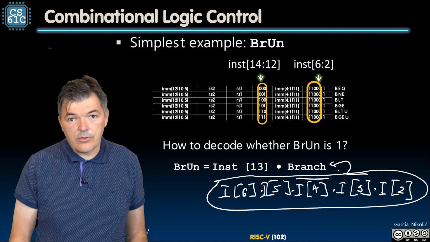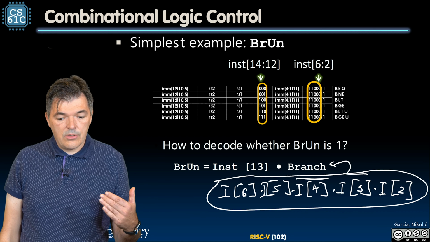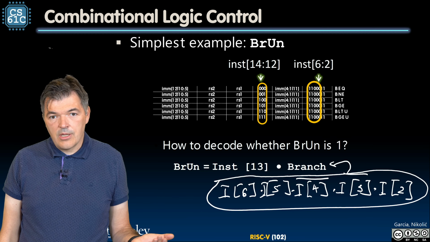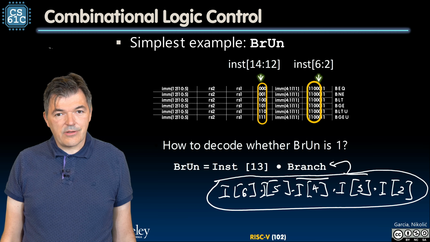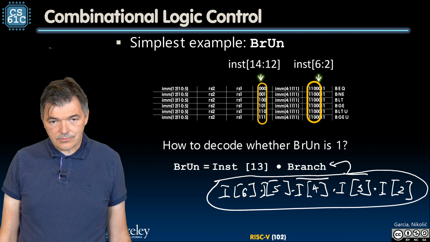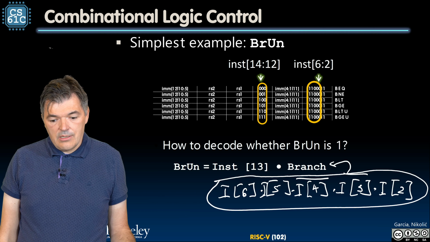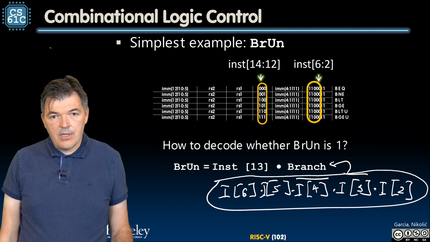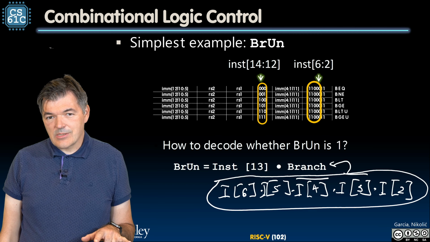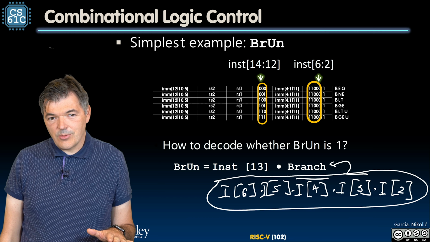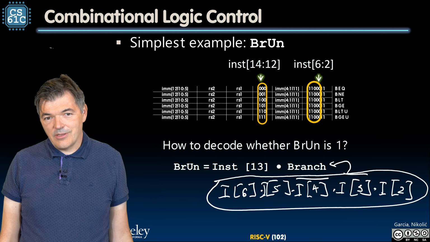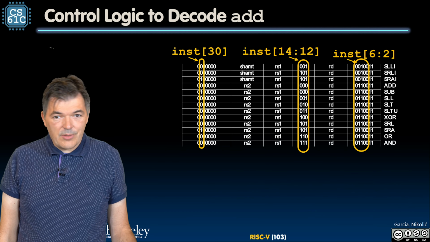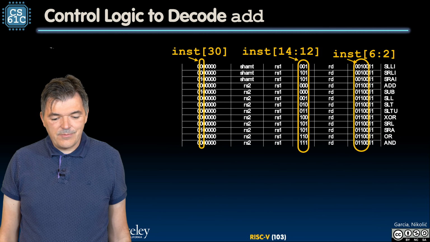That decodes all the branch instructions, and then to just select that we are looking for an unsigned branch, we AND that with the instruction bit 13. Fairly simple, isn't it? This is a 6-bit wide AND gate. Keep in mind that sometimes 6-bit wide AND gates may not be the most practical thing to implement, so we'll try to break this down typically into a couple of gates. That's what our Boolean manipulation is for, isn't it?